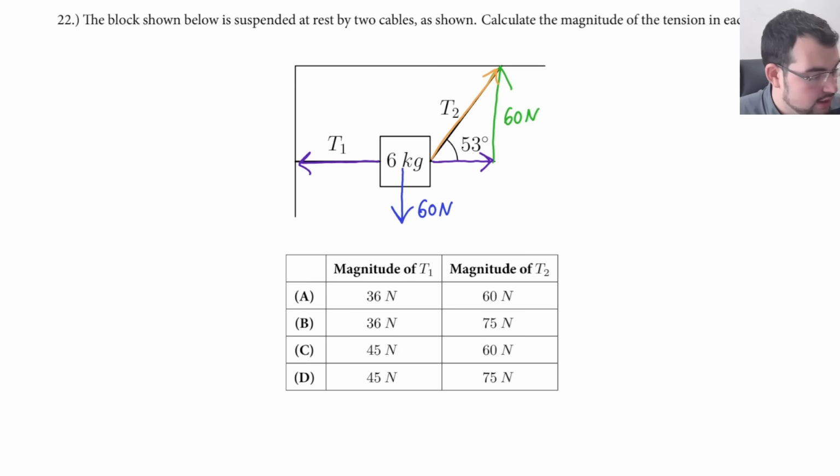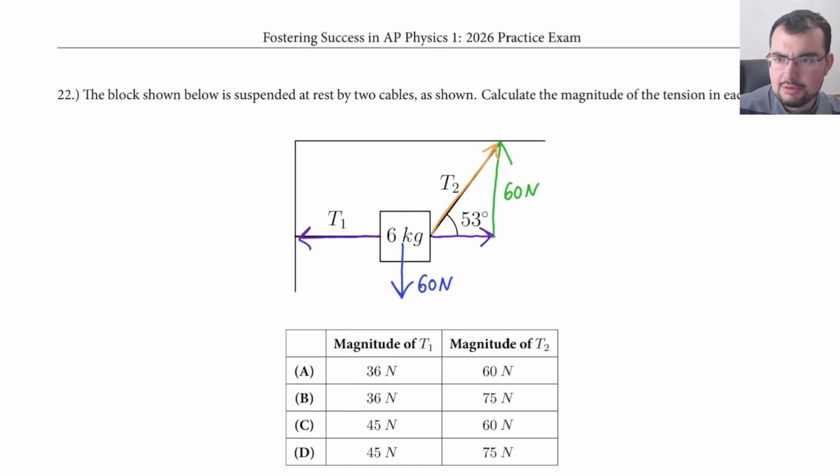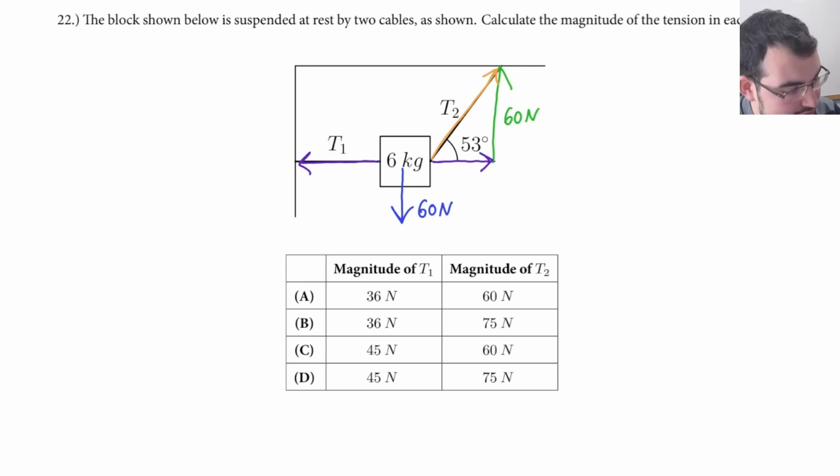So to start, I would probably just set up the fact that, let's use tangent maybe, that tan of 53 degrees is equal to opposite, which is 60 newtons, divided by adjacent, which is the horizontal tension component.